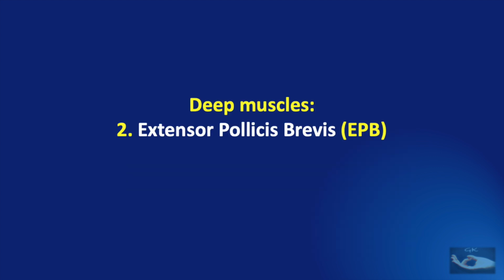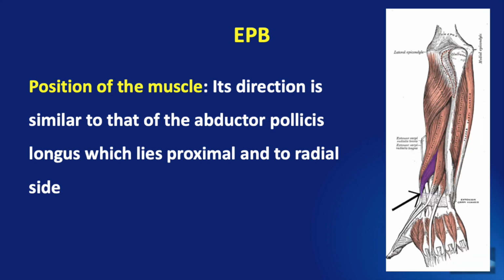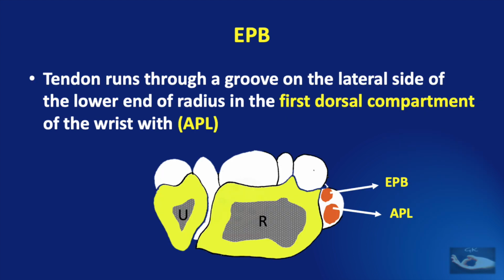The extensor pollicis brevis muscle, referred to as the EPB, also arises from the interosseous membrane and from the dorsal surface of the radius. Its direction is similar to that of the abductor pollicis longus, which lies proximal and to the radial side, and the tendon of the EPB also runs in the first dorsal compartment of the wrist along with the abductor pollicis longus tendon.